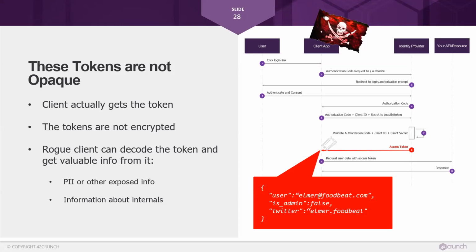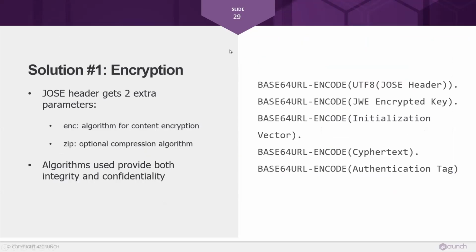So if you put some PII in it, like if you put in place OpenID Connect, for instance, the ID token will contain a bunch of PII about the end user. So yeah, you must be aware of that, and you must take care of that, definitely.